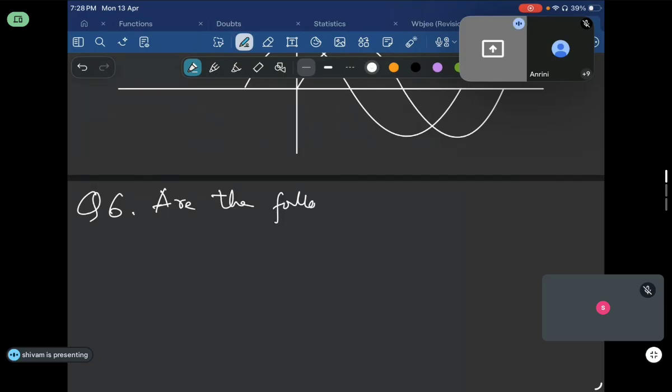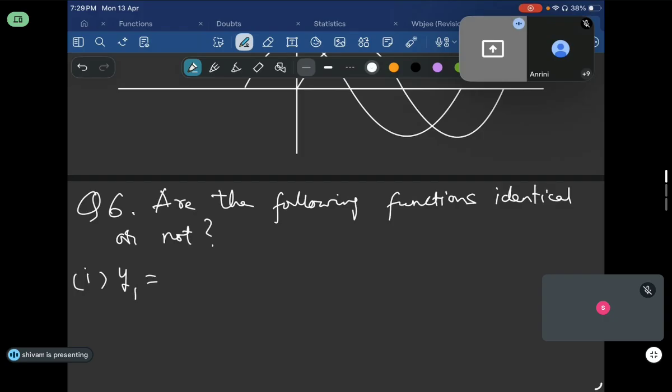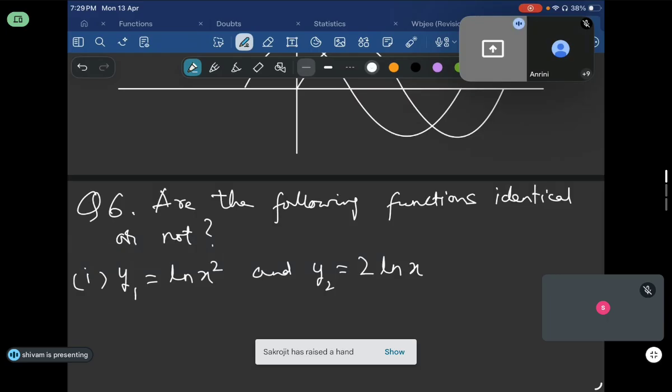Are the following functions identical or not? Number 1, y1 is equal to ln x square and y2 is equal to 2 ln x. Raise your hand once you have done it. Only 1%, 2% are raising the hand.